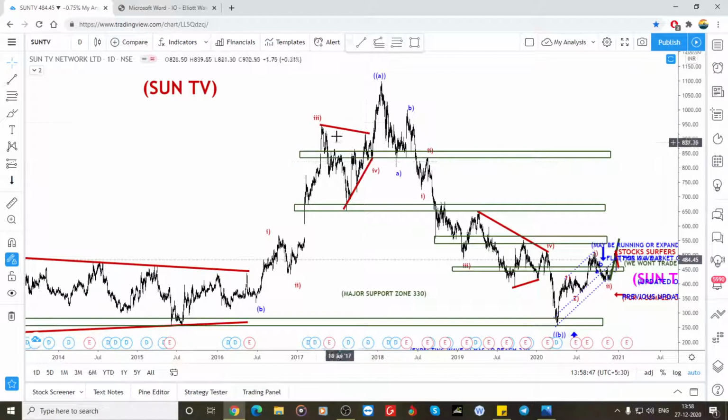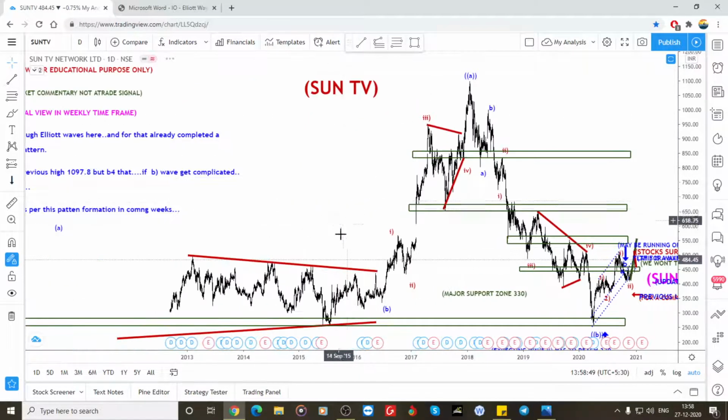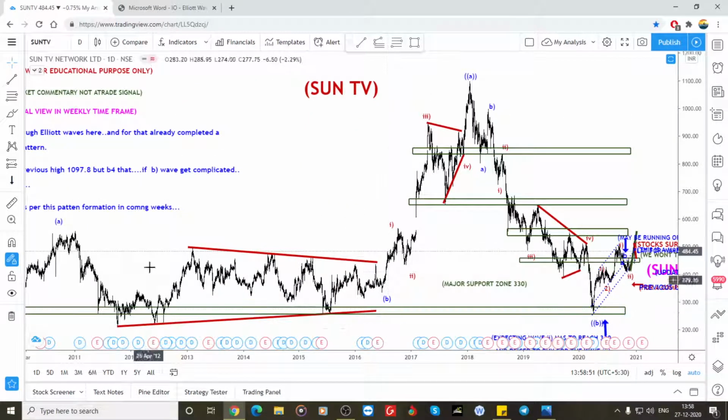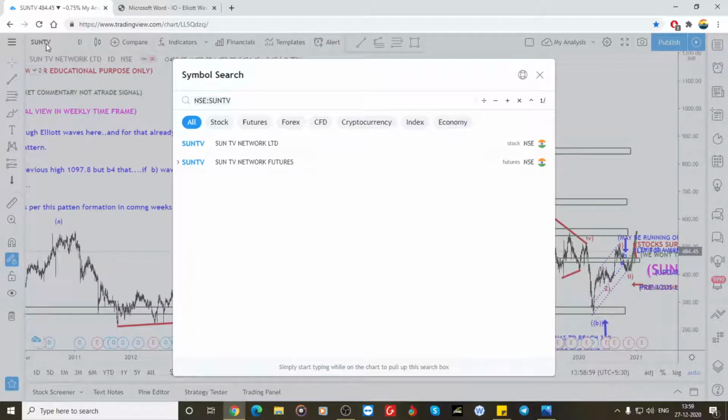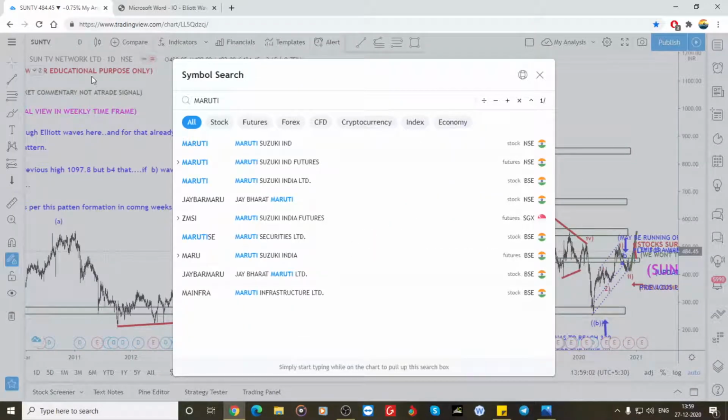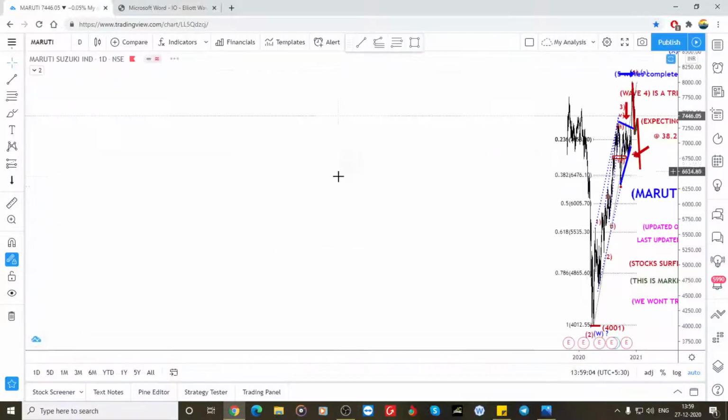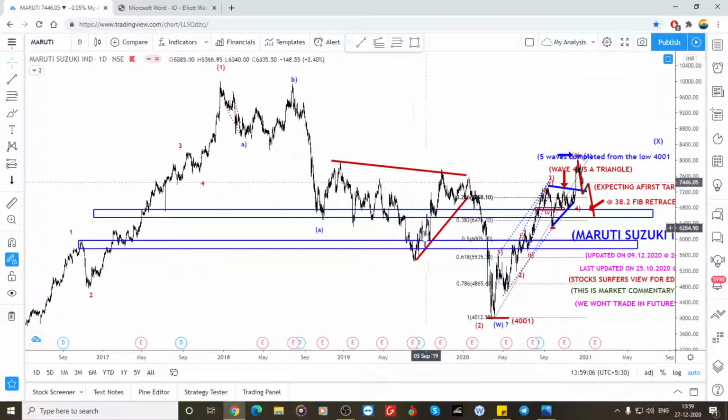So here is a symmetrical triangle, and here also a triangle, A, B, C, D, E. After that it shot up, and some more, in that it's Maruti. See, this is also a running triangle, A, B, C, D, E.